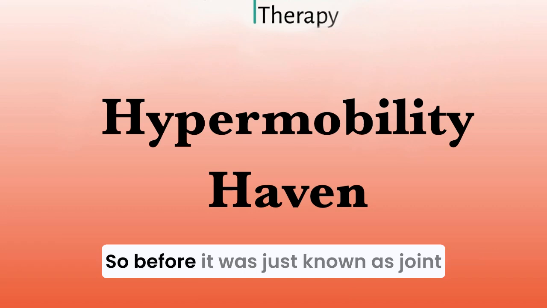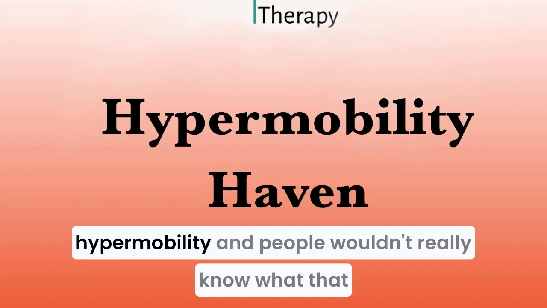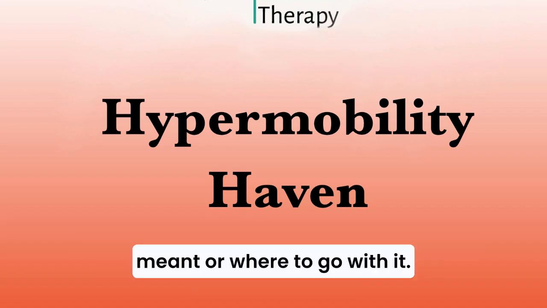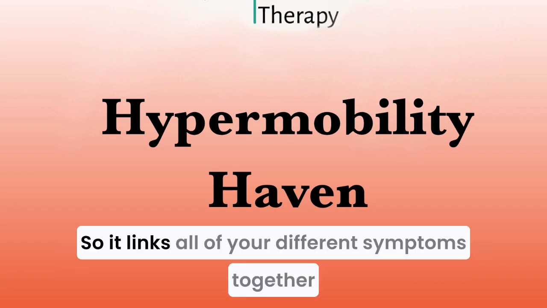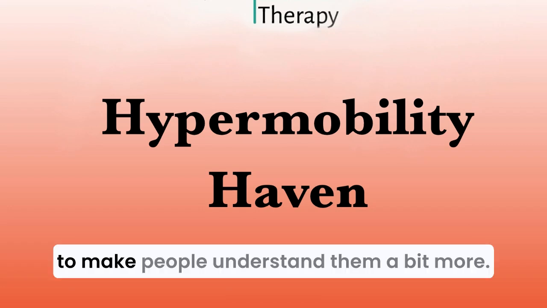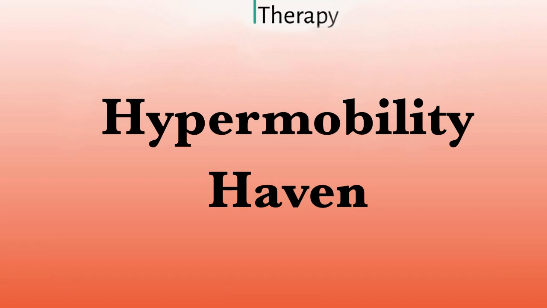Before, it was just known as joint hypermobility, and people wouldn't really know what that meant or where to go with it. Now it's a complete spectrum, so it links all of your different symptoms together to make people understand them a bit more.